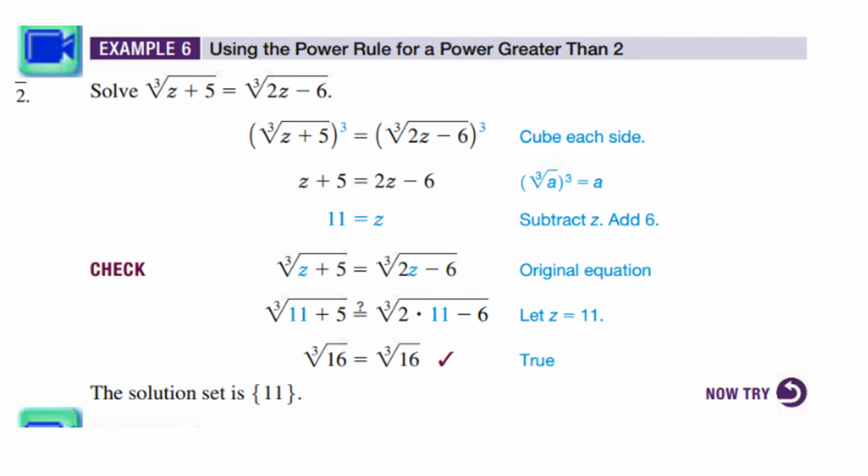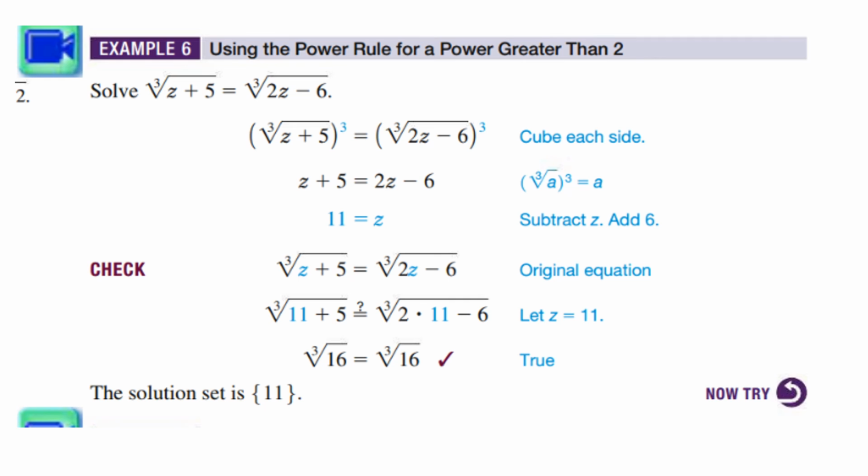Now sometimes we're doing the power rule for a power greater than 2. Here's an example. I'm asking you to solve the cube root of z plus 5 is equal to the cube root of 2z minus 6. In this case, to get rid of the radical on both sides, we're going to have to cube both sides.